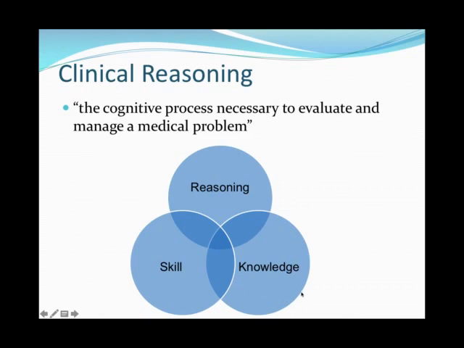Then there's skill, like what we teach in our basic sciences lab courses on standardized patients and the OSCE, what questions you need to ask, and how you need to examine.